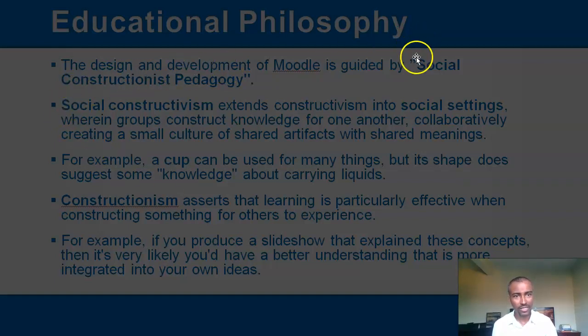To understand the social constructionist pedagogy, you need to understand the philosophy of social constructivism. Social constructivism extends constructivism into social settings, wherein groups construct knowledge for one another collaboratively by creating a small culture of shared artifacts with shared meaning. For example, you can have a cup, and a cup can be used for many things, but its shape does suggest some knowledge about carrying liquid.